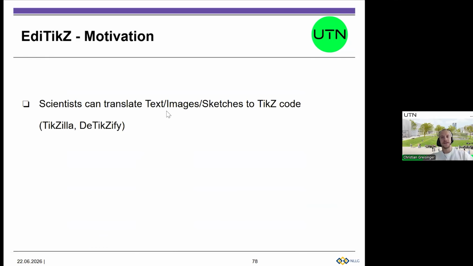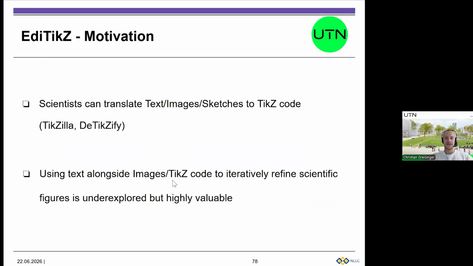For EdiTikZ, this is the second ongoing project. Scientists can already translate text and images to TikZ code with TikZ and Etixify, but this is not really possible for editing, which means using text alongside images to refine scientific figures, as an end-to-end pipeline. This is underexplored but highly valuable.